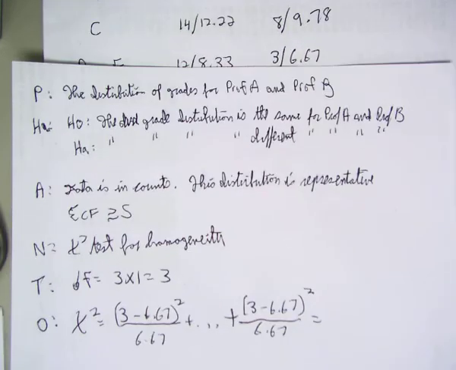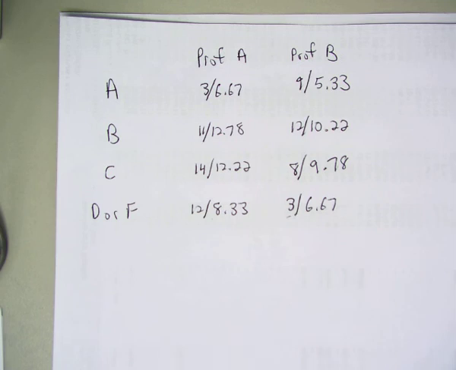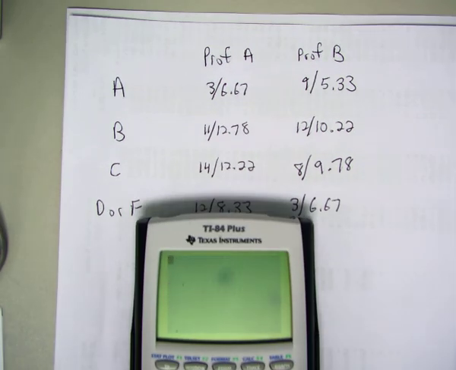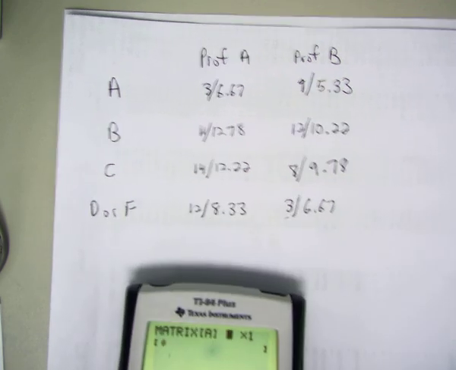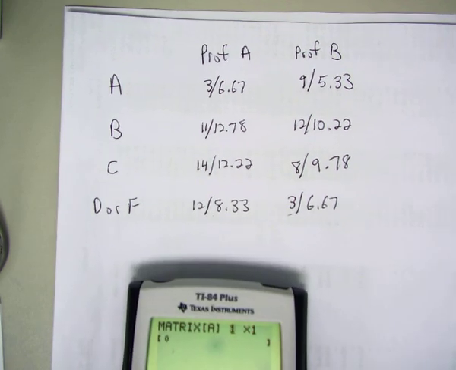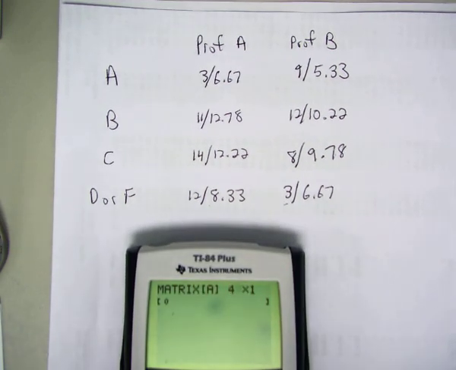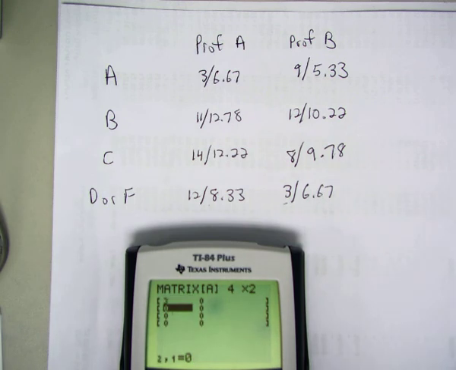Okay, and now we've got to put all this into our calculator. So we're going to go to matrix, and we're going to go to edit matrix A, and my matrix is now a 4-row by 2-column matrix. So I'm going to put 4 by 2 in, and then I just have to put in all of the observed values.